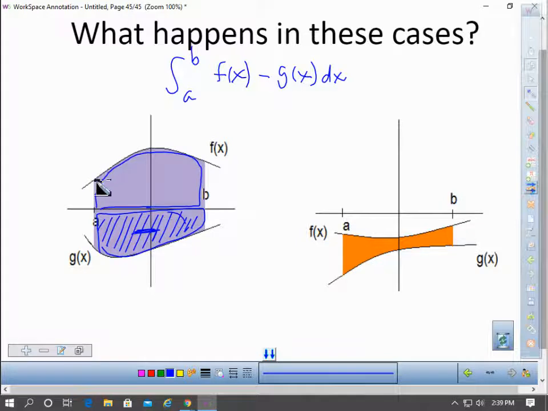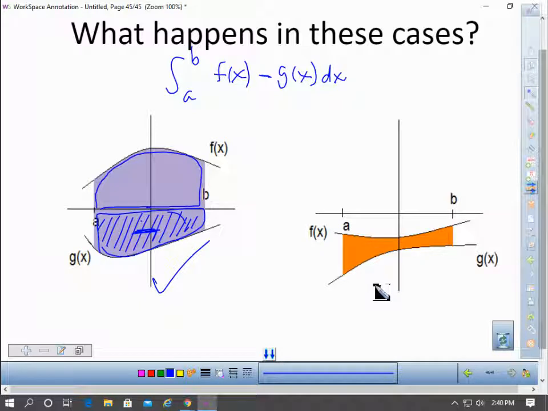So you're ending up finding this total area because you're going to end up adding the area that is below the x-axis, because you're going to minus the area of g of x, which is going to end up being a negative number because it's below the x-axis. So you're minusing a negative. So you end up adding, and so you end up getting the total area. So yes, it does work when one of your functions is above the x-axis and the other one's below the x-axis. This still works.